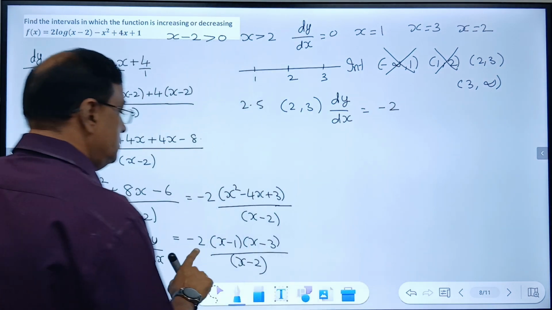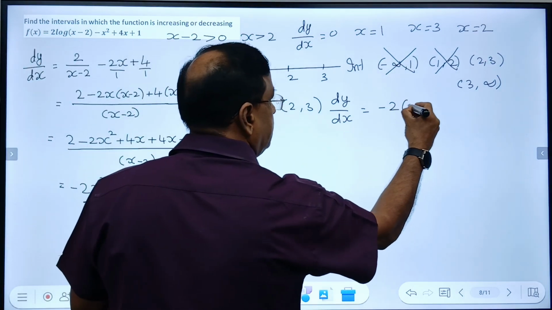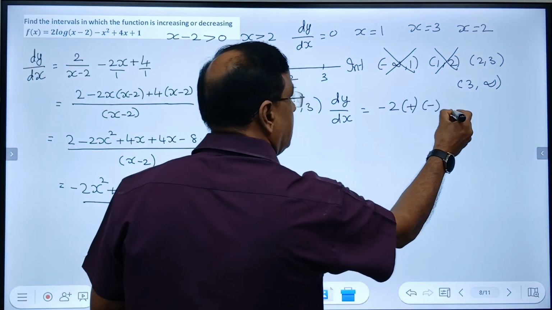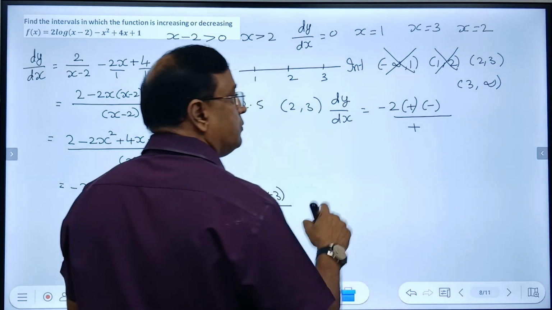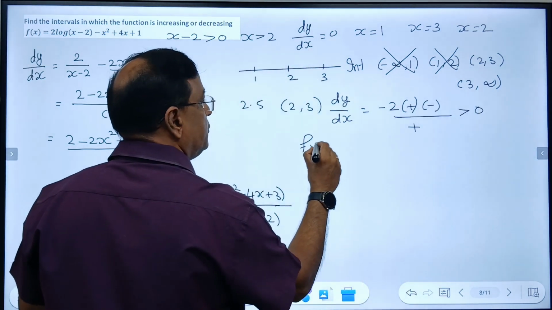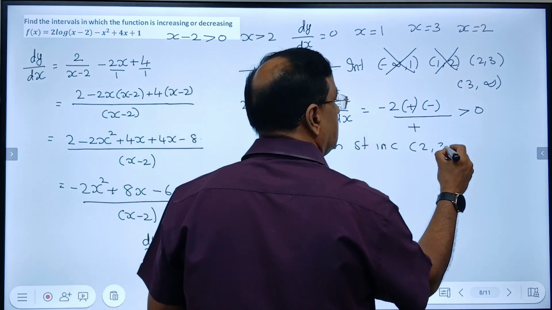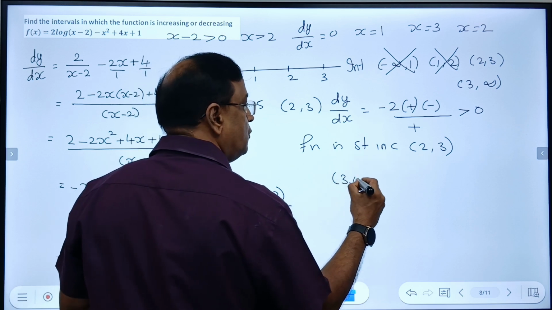Minus 2 into, this is 2.5. 2.5 minus 1 is positive. 2.5 minus 3 is negative, and 2.5 minus 2 will be positive. So negative into negative is positive. Therefore, the function is strictly increasing in 2 comma 3. Now choose a number between 3 and infinity. I'll choose 4.